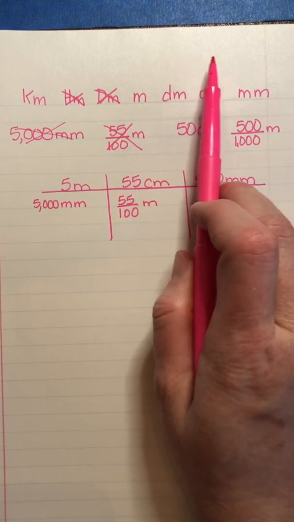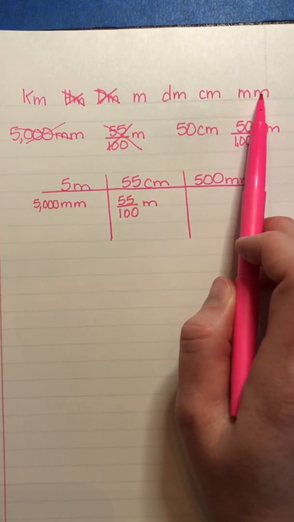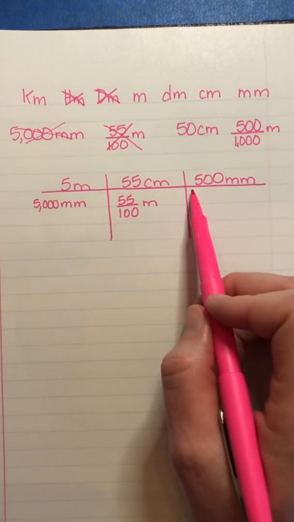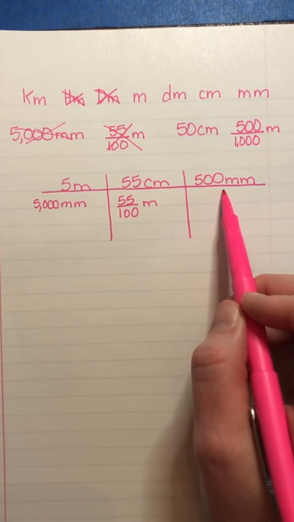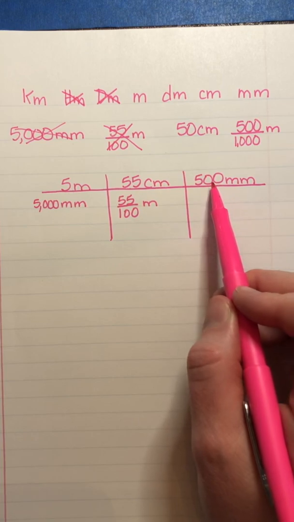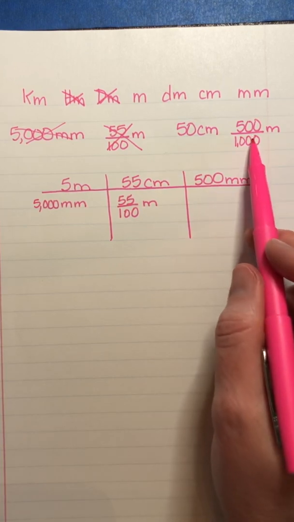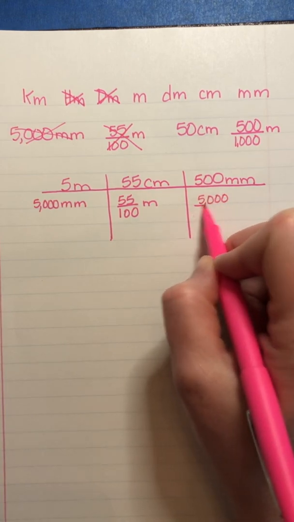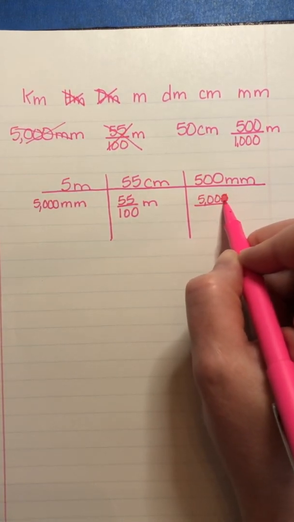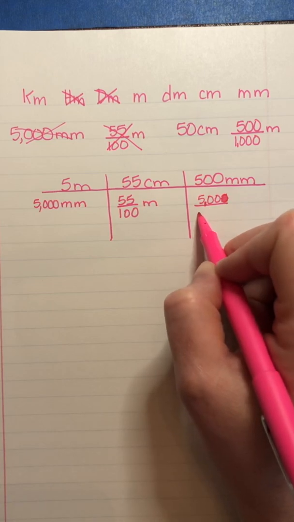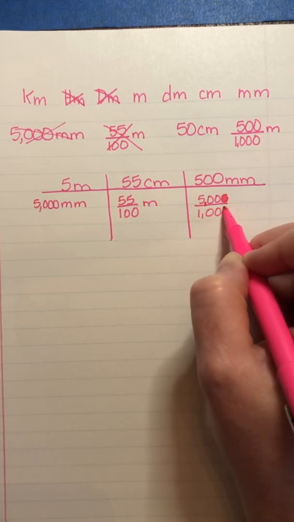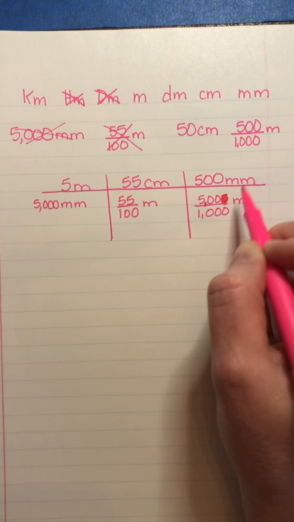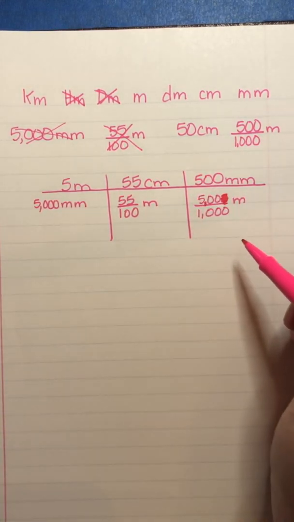If I make a huge leap to millimeters, I've skipped over 2 other units, that'll be times 1,000. So that 1,000 would be my denominator, and then my numerator stays exactly the same. So it would be 500 thousandths. Hey, look, same thing. So I know I can put that, oops, sorry, 1 too many zeros. So 500 thousandths meter is equal to 500 millimeters.